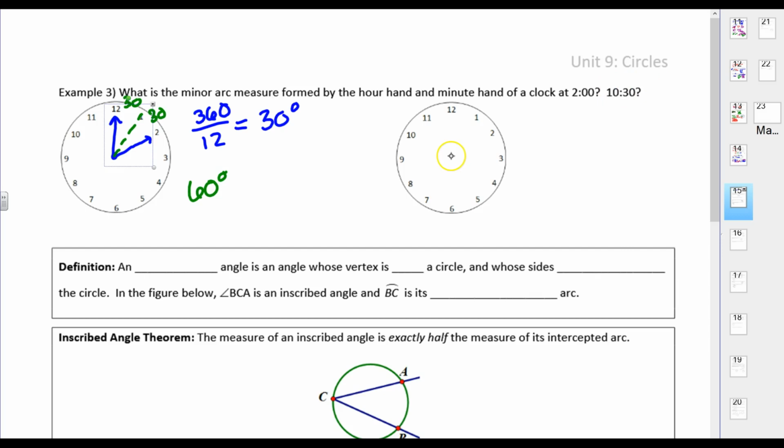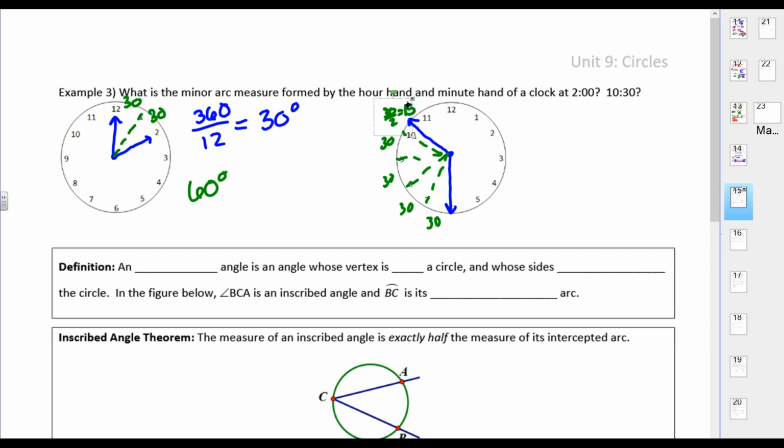Now at 10:30, it's a little bit harder. My minute hand is no longer pointing straight up at the 12, it's pointing straight down at the 6. And my hour hand is not at 10, it's halfway between 10 and 11, because the hour hand keeps moving. So when I'm thinking about these segments, these are all 30, but because we're at the half hour, this one is halfway between 10 and 11, so it must be 30 divided by 2, or 15 degrees.